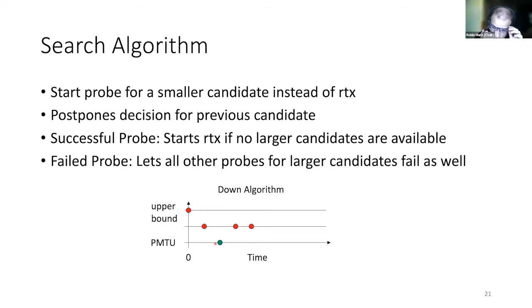With this, we find the PMTU earlier, but still haven't made a decision about the upper candidates. And now, after a successful probe, we start retransmitting the smallest outstanding candidate as often as max probes defines. After this, we know that the probe failed, and with this we let all other probes for larger candidates fail as well, so we don't repeat the probe for the upper bound.